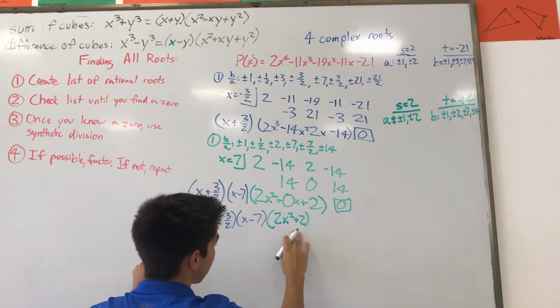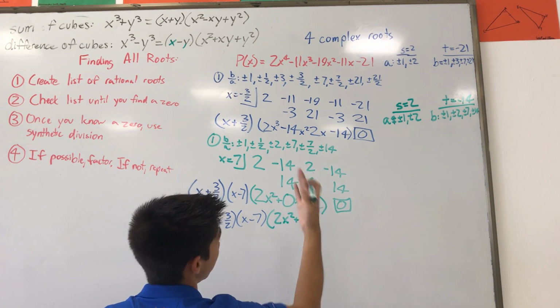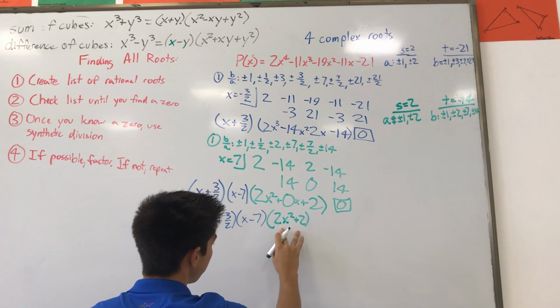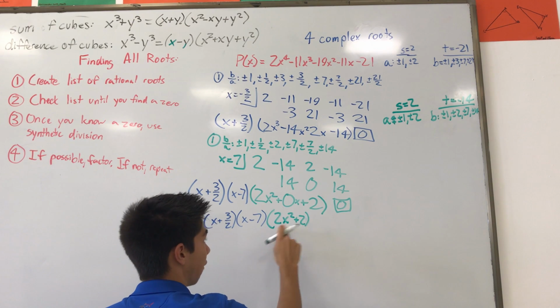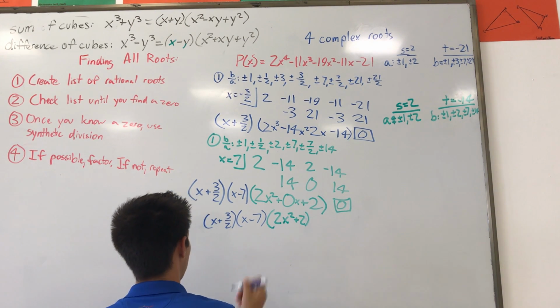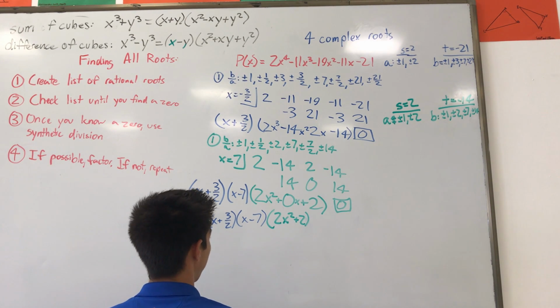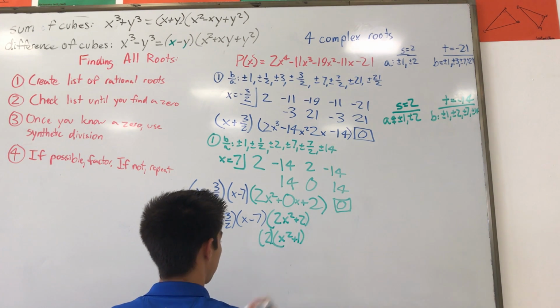I started looking at this, I can pull out a common factor from this. I could have actually done that earlier, it wouldn't have made a difference where you did, okay? So I'm going to pull a 2 out for both of these things. So this is 2 times x squared plus 1, okay?